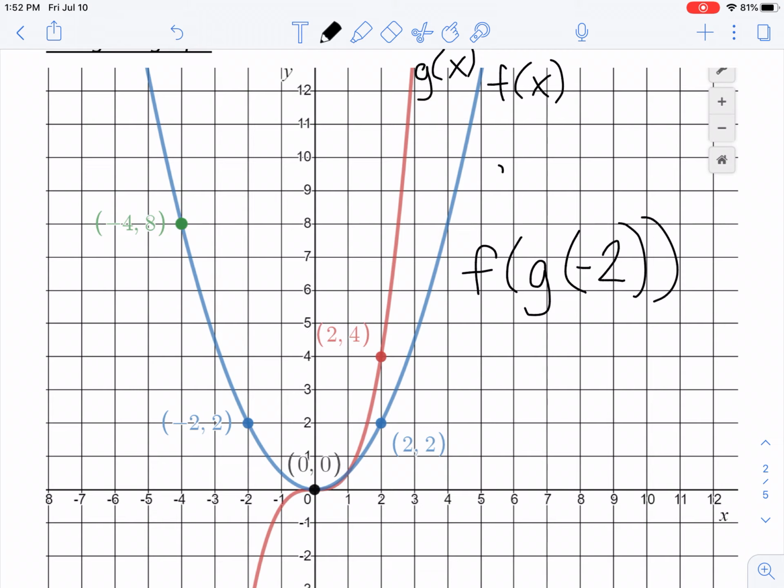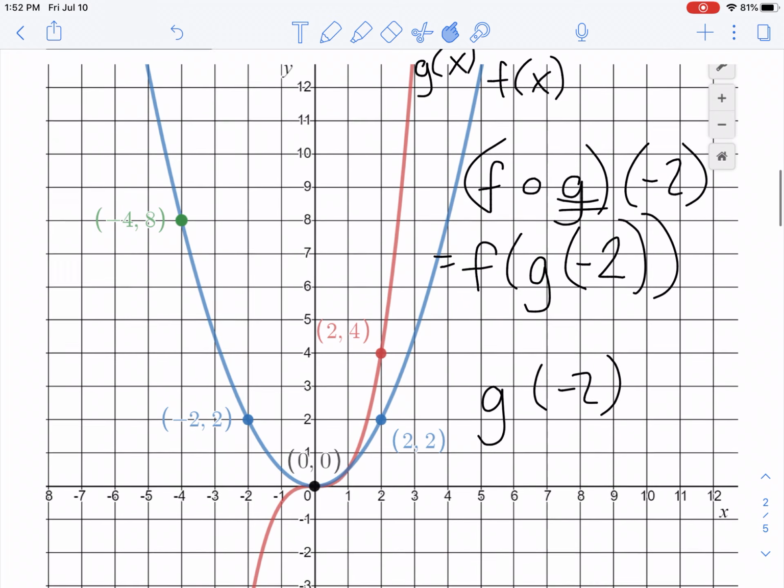So the other notation for this would be fog, so f of g at -2, they mean the same thing. But basically the inner function, g, or the function that's on the right-hand side, is the function that we start with. So g at -2, we're going to go over to our graph, which is the red one.